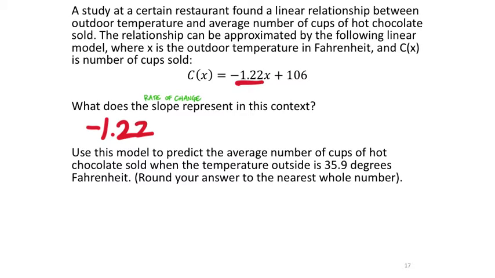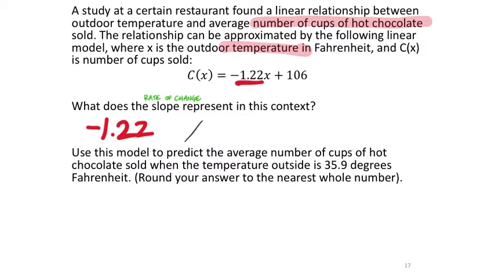And even sometimes with that word per, that indicates there's some fraction line, division, something like this, okay? So like miles per hour. Now, in this case, it's negative 1.22. And remember, the two things that we're comparing, and it did talk about this up here, are the number of cups of hot chocolate sold in relationship to temperature, which is shown in Fahrenheit, and that's okay.